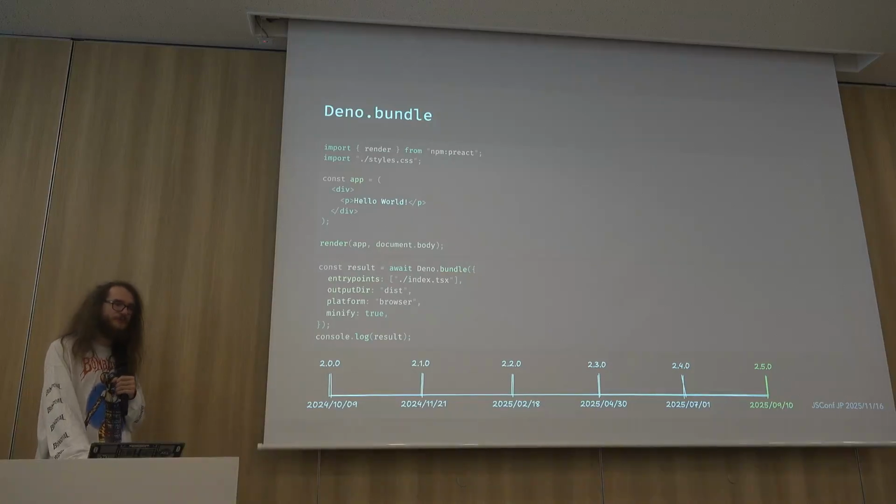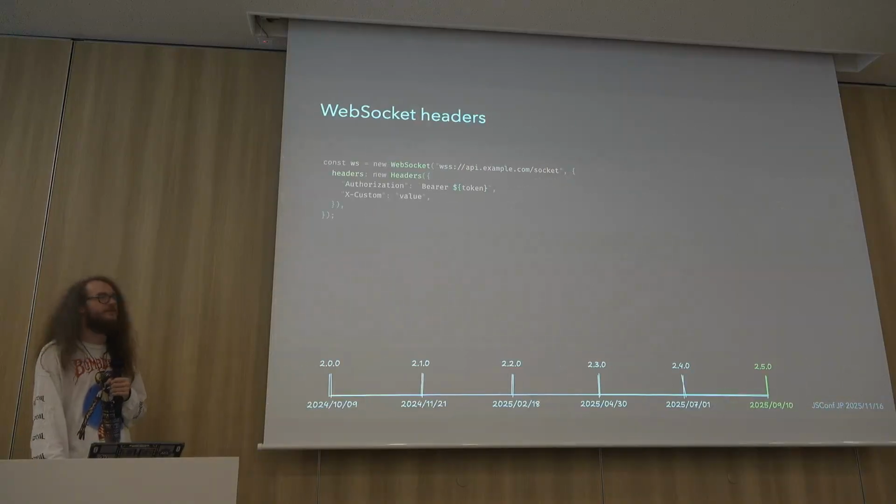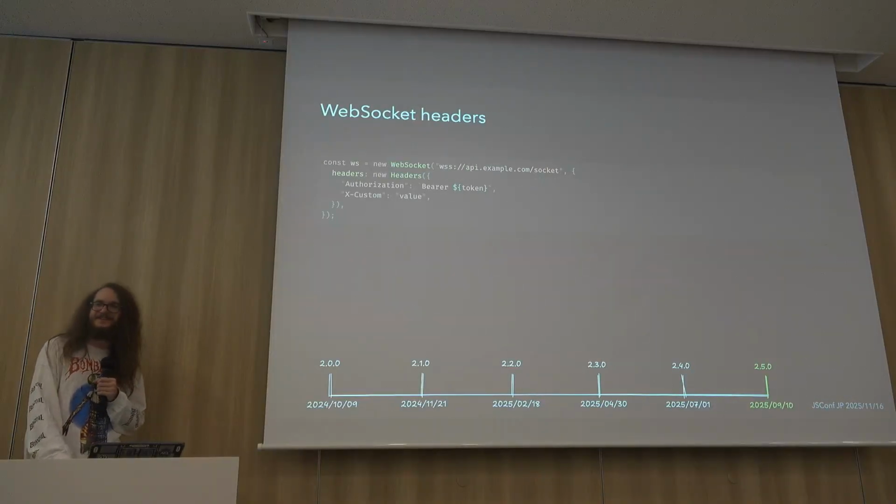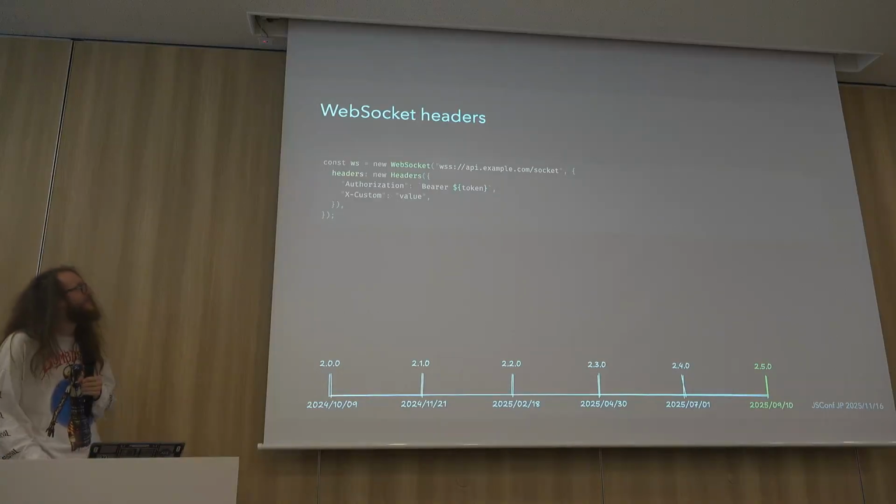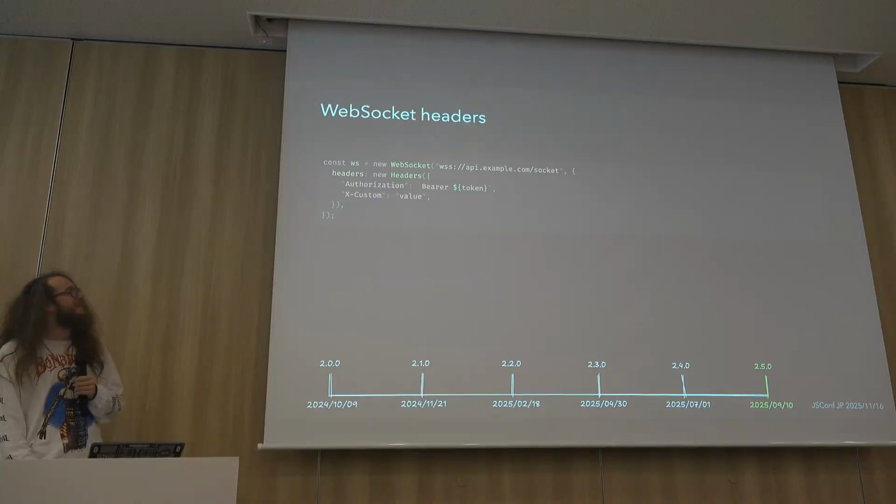And now maybe one of the most controversial points for people that work in the standards: WebSocket headers. This is not a specification compliant change. This has been something that was discussed many times, but the browsers, or the specification, are not willing to make this change, at least as of yet.